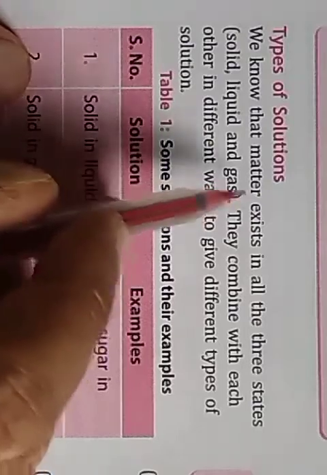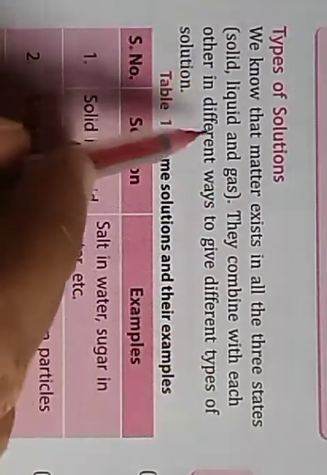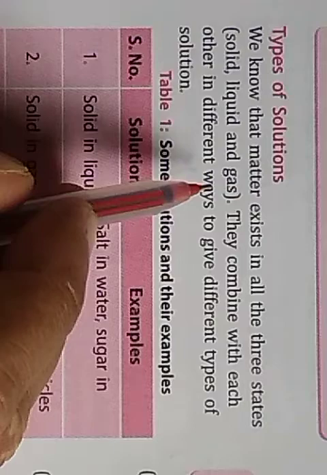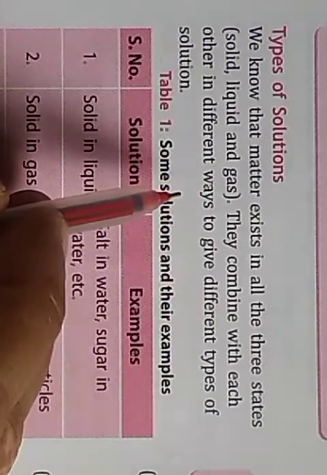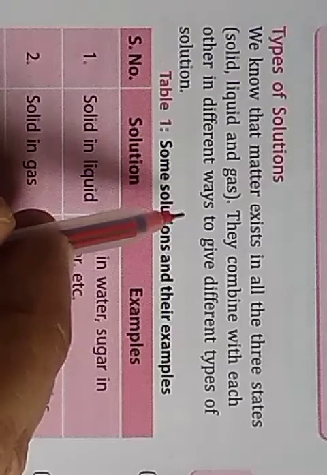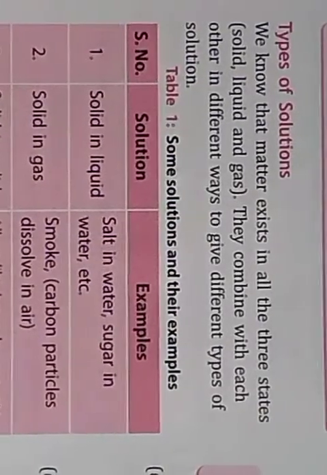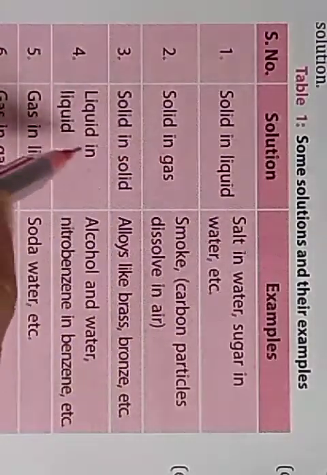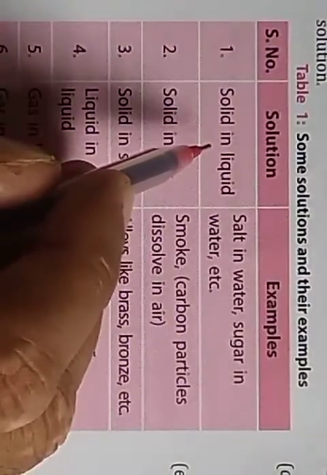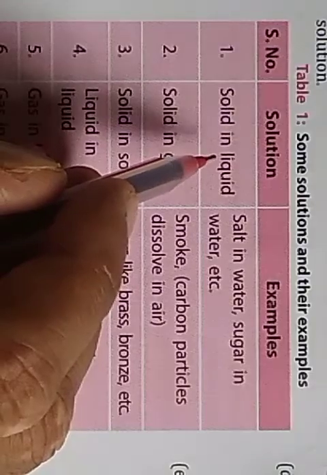As you know that matter exists in all the three states: solid, liquid and gas. They physically combine with each other and form different types of solution. Here are some examples of solutions, the different types on the basis of their different states.